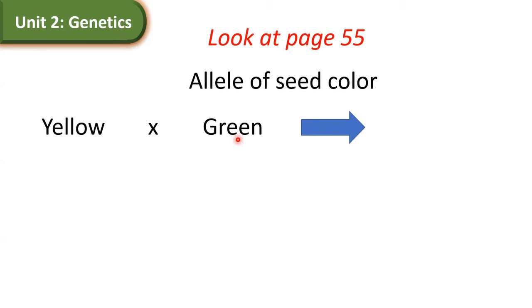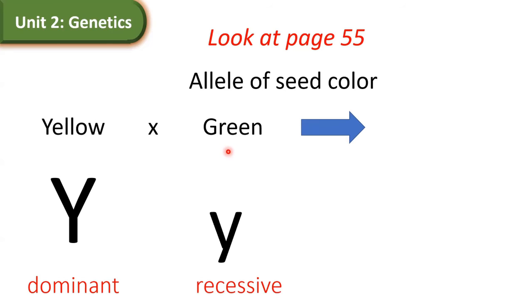There it is shown that yellow is the dominant allele. I use a capital letter Y because yellow starts with Y and it is the dominant allele. For green, we use a small y because it is a recessive allele.